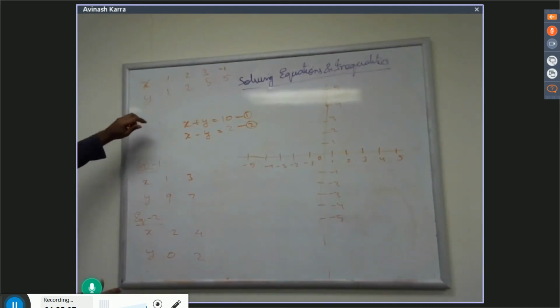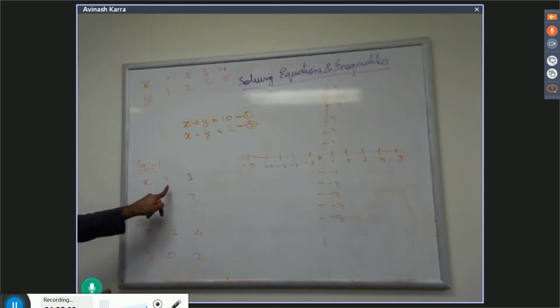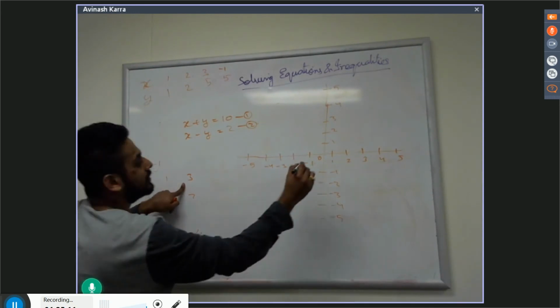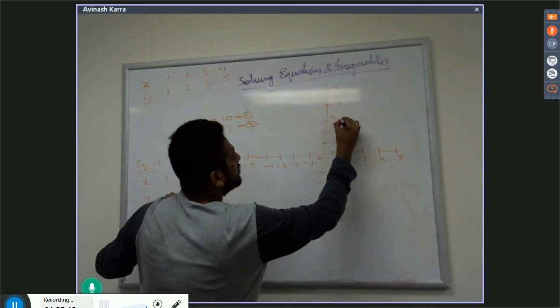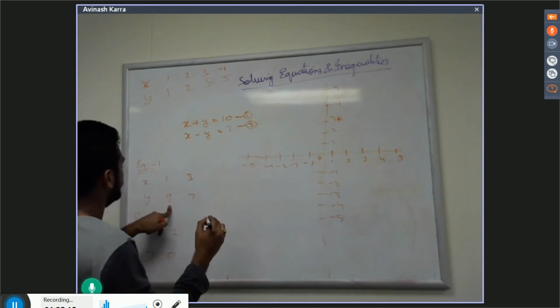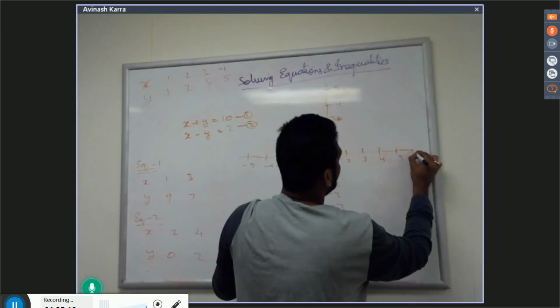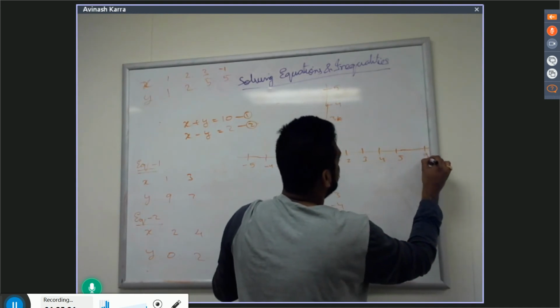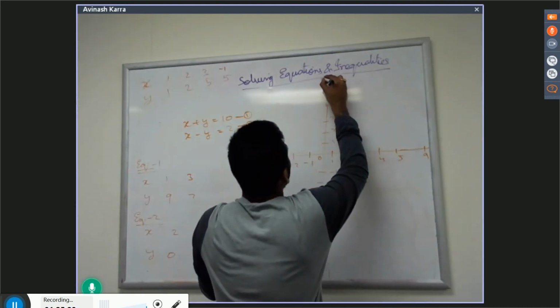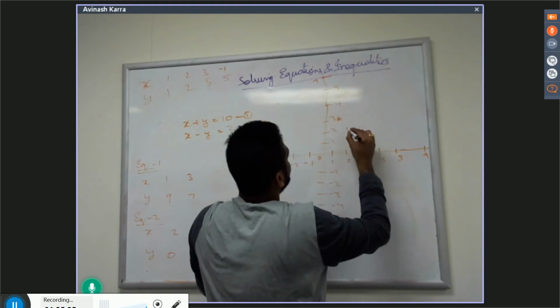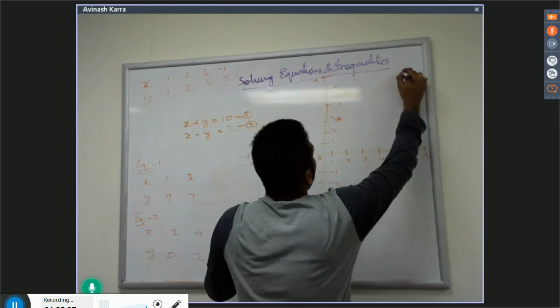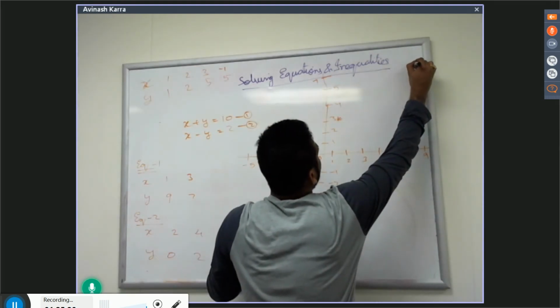So when I'm plotting this first equation, 1 comma 3 is the point. And what is the other one? 9 comma 7. Let it be 9 might be here and 7 might be here, so 9 comma 7 somewhere here.